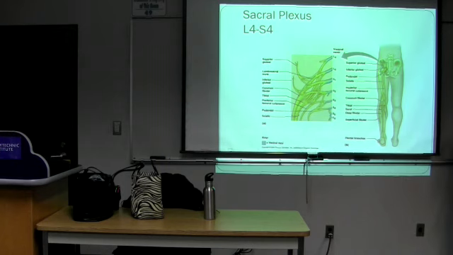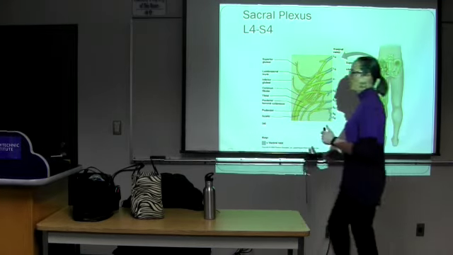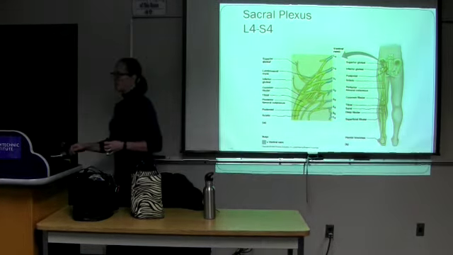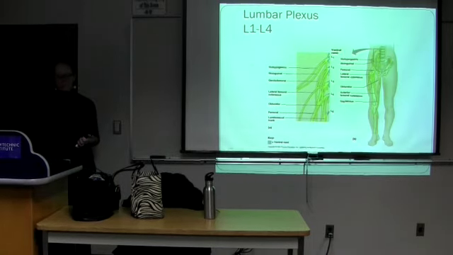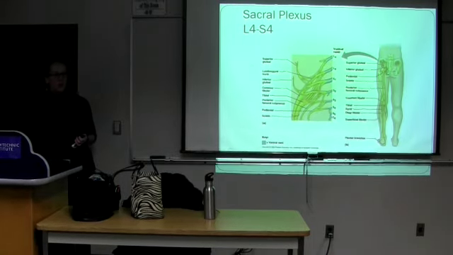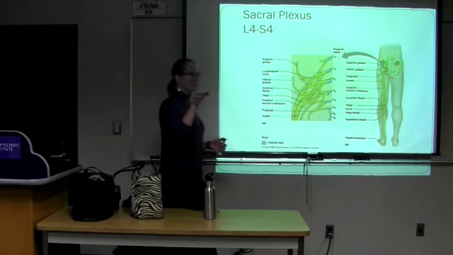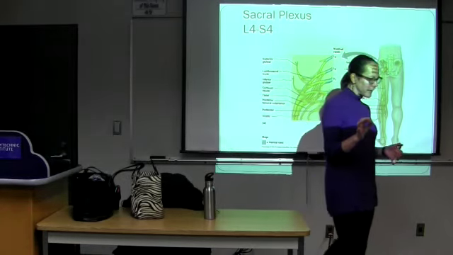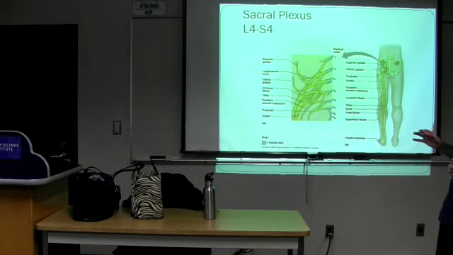Lumbosacral plexus. So the lumbosacral plexus will be all the nerves that come from the lumbar. Okay, so L1 through L4, and then the sacral portion will pick up the rest through S4. So we have L1, L2, L3, L4, L5, right? S1, S2, S3, S4.